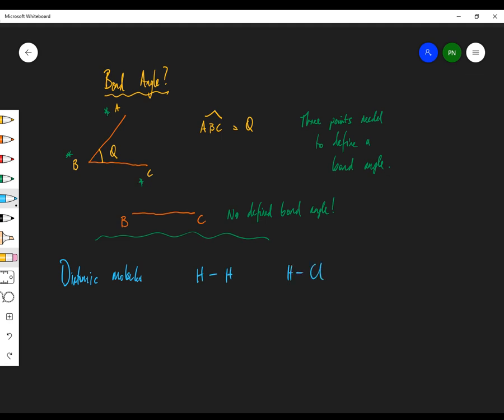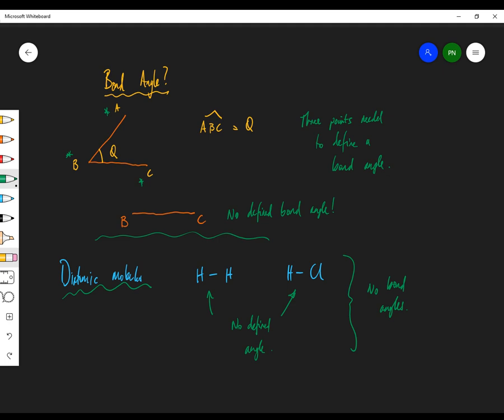There's only two atoms, so there's no defined bond angle. So we don't have bond angles for diatomics. There are no bond angles for diatomics.